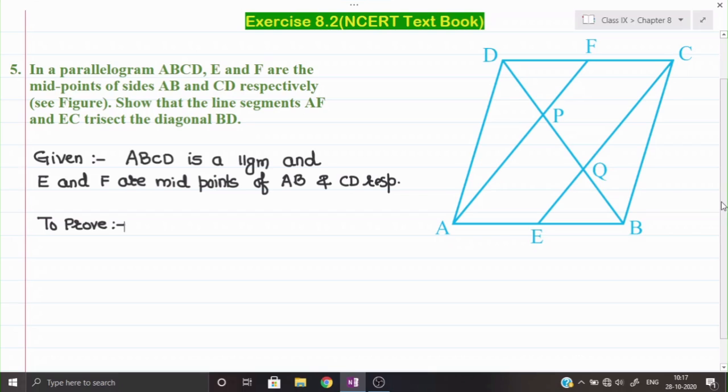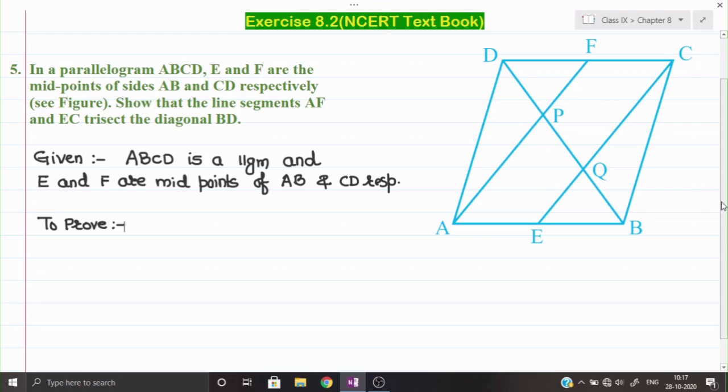One part can be QB, the second part in the middle is PQ, and the last part is DP. If I want to prove that lines AF and EC trisect the diagonal BD, then these three parts DP, PQ and BQ must be equal. Trisected means dividing into three equal parts, not just into three parts. So if they divide it into three equal parts, we can say yes, it is trisected.